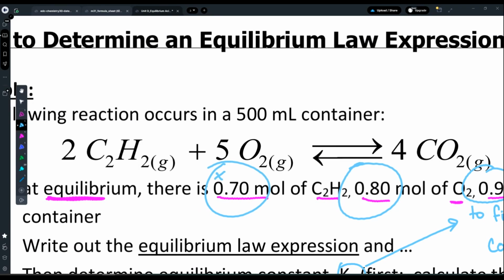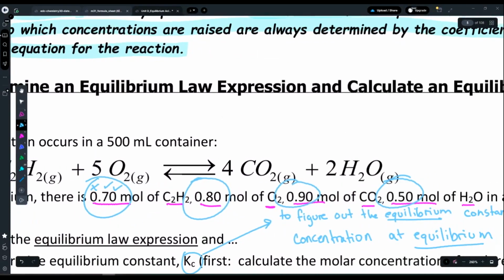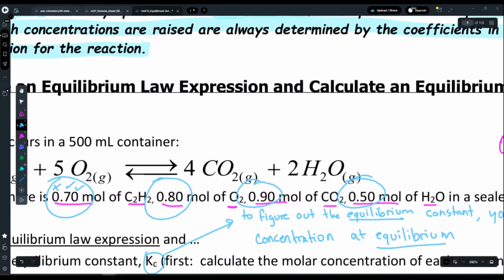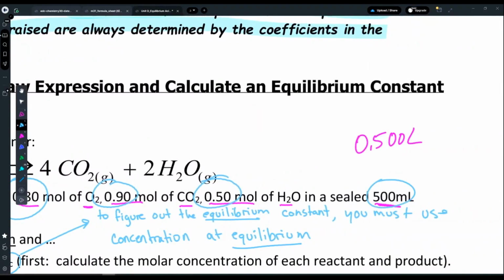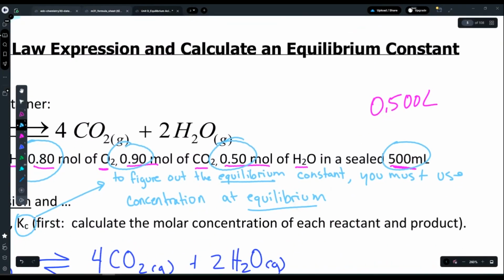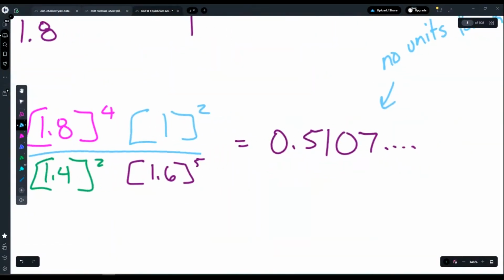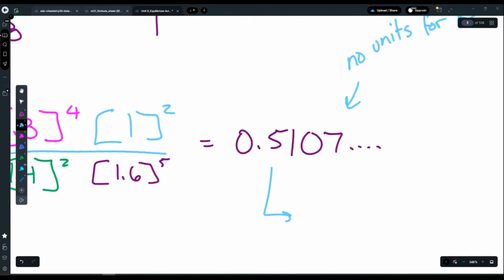Any digit that is not 0 will be significant, and any 0 after a non-zero digit, so trailing zeros, will be significant. So all of these first 4 values have 2 significant digits. This one has 3. You always go with the lower amount of sig digs. So our answer needs to be in 2 sig digs.